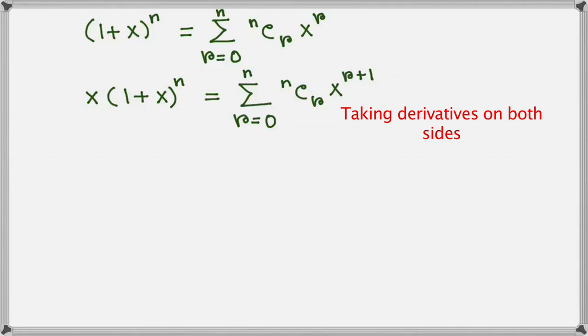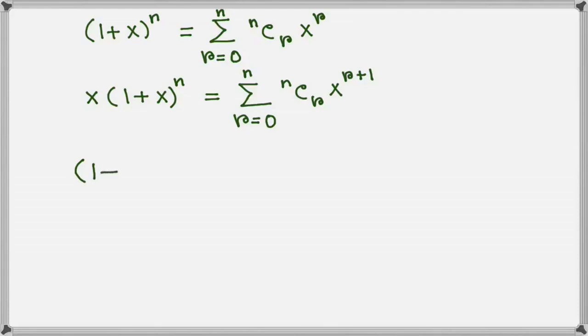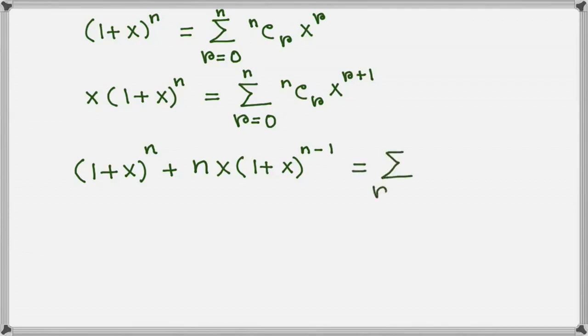By taking the derivative, we get (1 plus x) to the power n plus n into x into (1 plus x) to the power n minus 1 is equal to the sum from r equals 0 up to n of (r plus 1) into nCr into x to the power r.